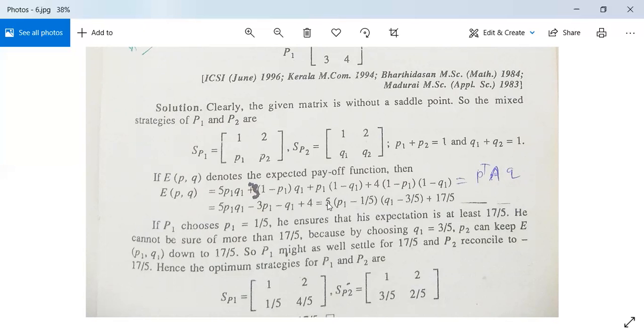Now if P1 equal to 1 by 5, suppose P1 is taken as 1 by 5, so this first term will vanish and you will have this 17 by 5 only. So he ensures that his expectation is at least 17 by 5.